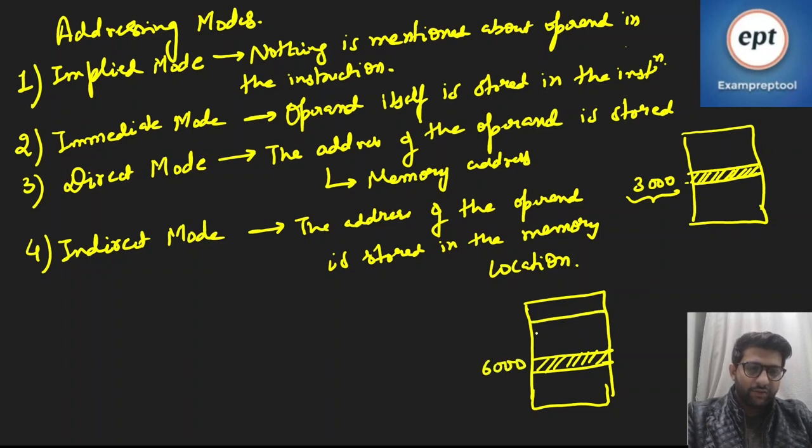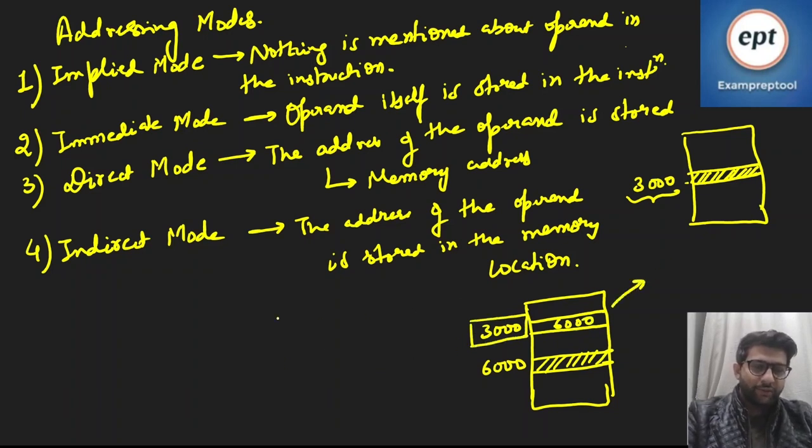Now there will be another memory location, let's say 3000, and this will store the value 6000. And this value 3000 will be stored in our instruction. These types of addressing mode support the concept of pointers, right? So pointers follow a similar concept.